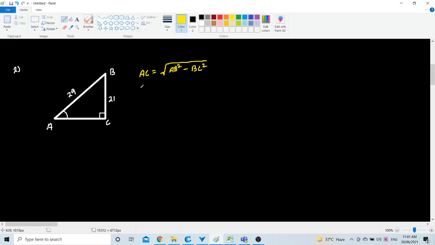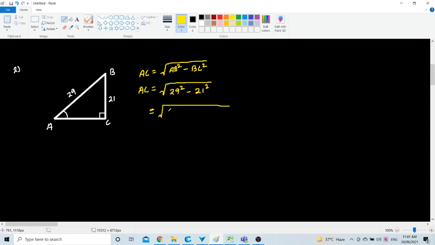Alright. Now in that case, this AC will be equal to under root 29 square minus 21 square.